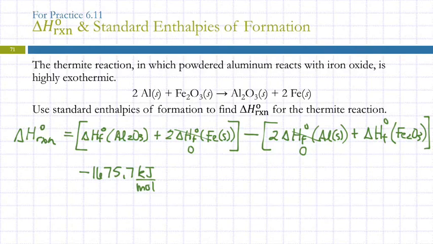And the one for iron, Fe2O3, is minus 824.2. Yeah, kilojoules per mole.